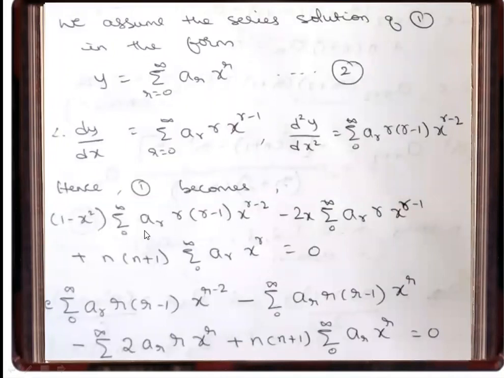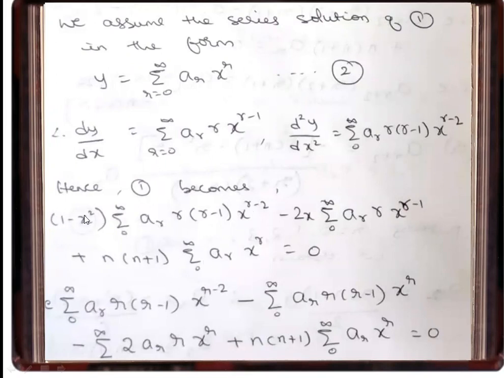Next we shall simplify this expression by keeping the summation outside and multiplying 1 minus x square to this summation. So you get 1 into this whole summation minus x square into this whole summation. 1 into this summation gives the same thing, that is a suffix r, r into r minus 1, x to the power r minus 2.